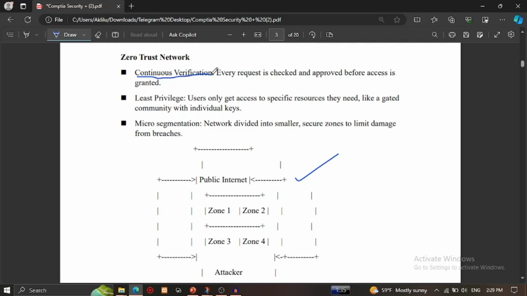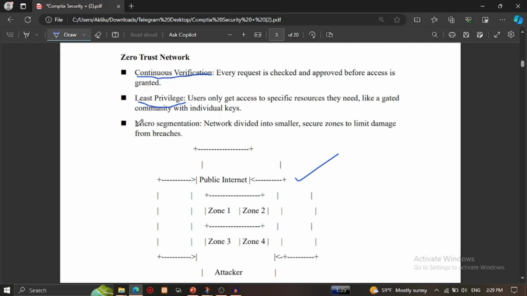Second is least privilege. A user can only get access to specific resources. This means there is what we call an access control list. Everyone has their own permission and role. So, like a gated community with individual keys, every person has a specific resource they want to access.